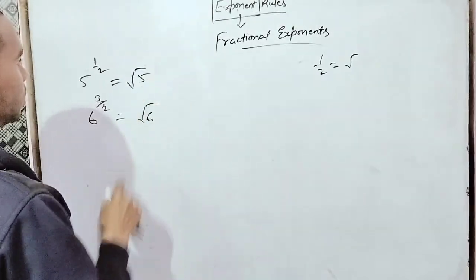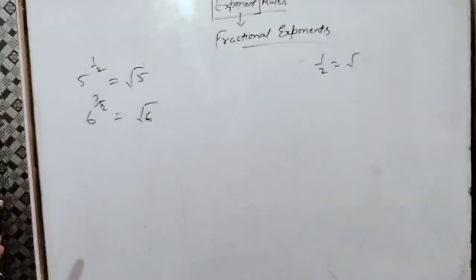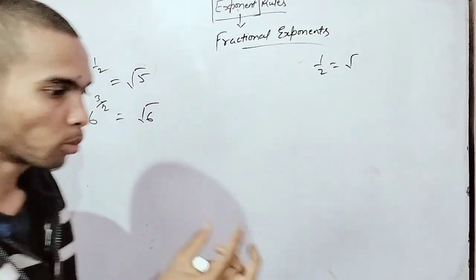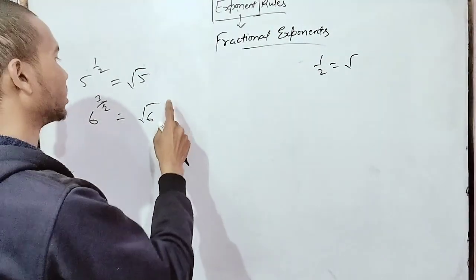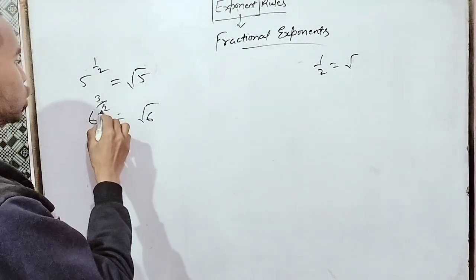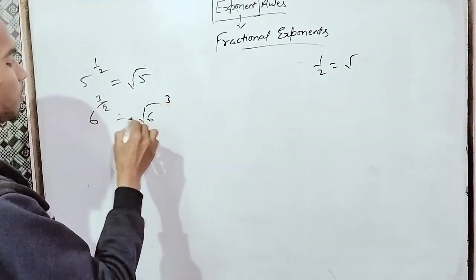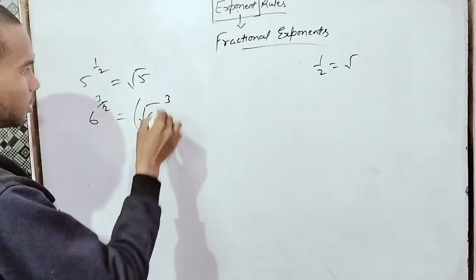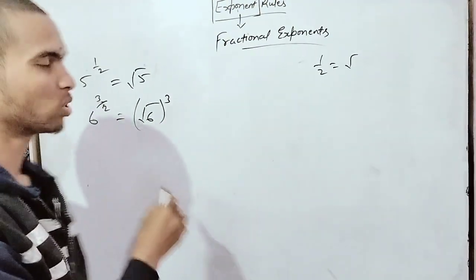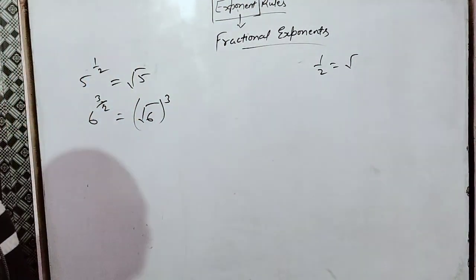Clear? So the denominator will be written here and the numerator will be written here as an exponent. So 2 is hidden here and 3 will be written as the exponent. Clear? So root 6 is with the exponent 3.